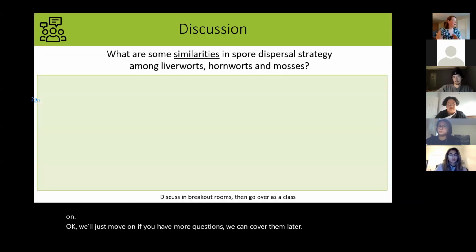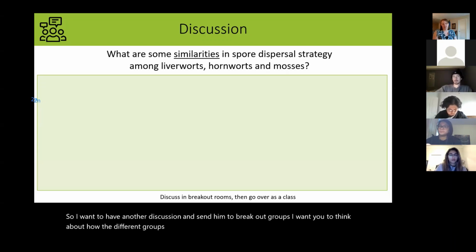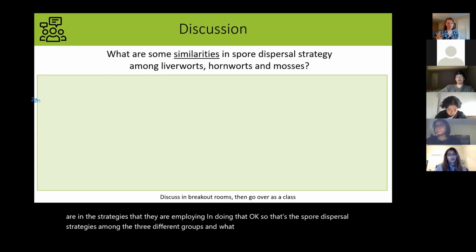So I want to have another discussion. I'm going to send you into breakout groups. I want you to think about how the different groups are dispersing their spores and what some of the similarities are in the strategies that they're employing. So that's the spore dispersal strategies among the three different groups and what their similarities are.